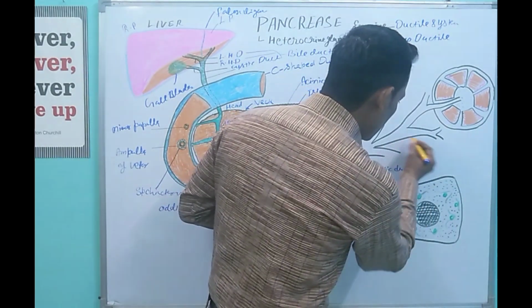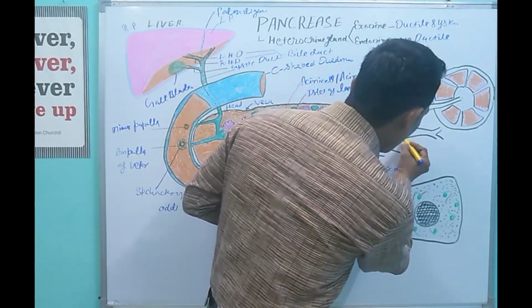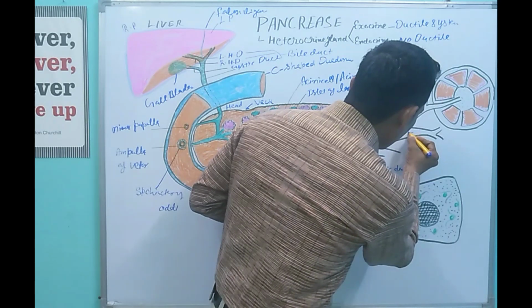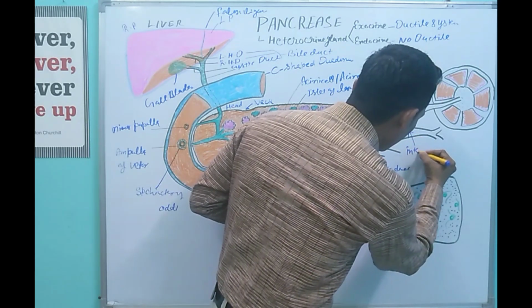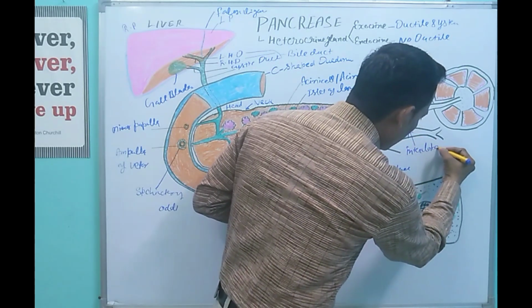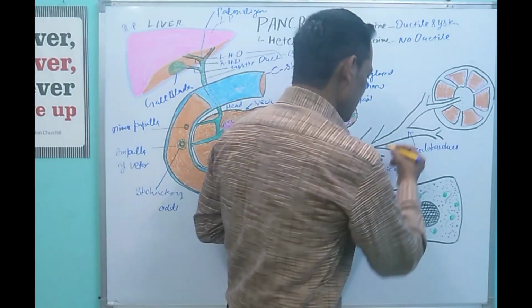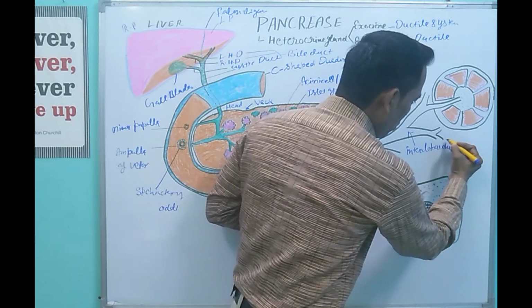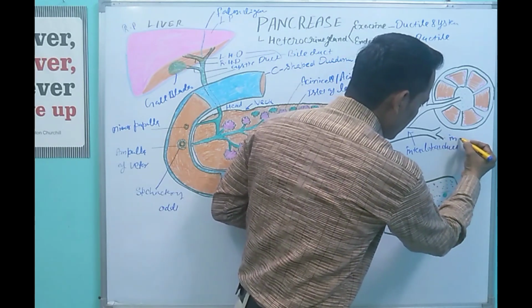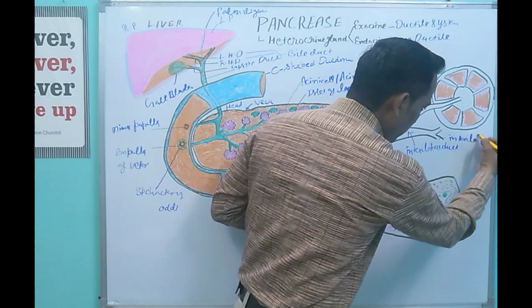The first branches arise from the main duct and are known as the interlobar ducts, and the interlobar ducts also open into the interlobular ducts.